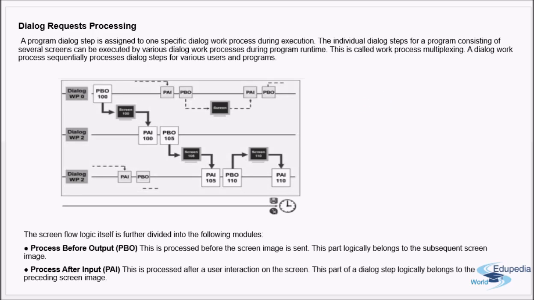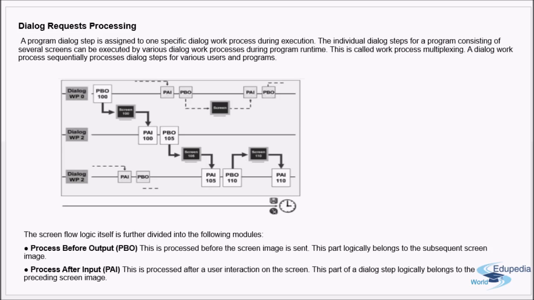So in the first one we'll see about dialog, lock, and enqueue. In the next session we will see about the other work processes, spool, batch, and the services. The gateway service and the ICM, those two we'll cover in the next topic.